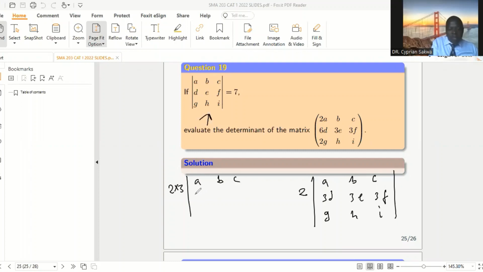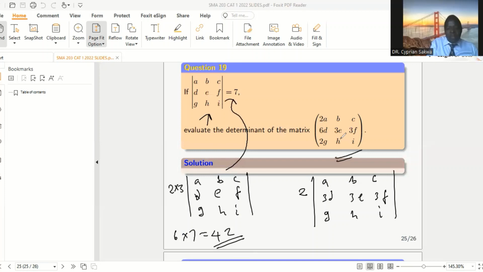What I'm factoring is this row 2, E, F, and G, H, I remain, column 3 remains. So I've already expressed, I know what this is. I know this determinant is 7. I know that the determinant of A, B, C, D, E, F, G, H, I is 7. So then I have 6 and 7, which is 42. And that is the required determinant of this matrix.